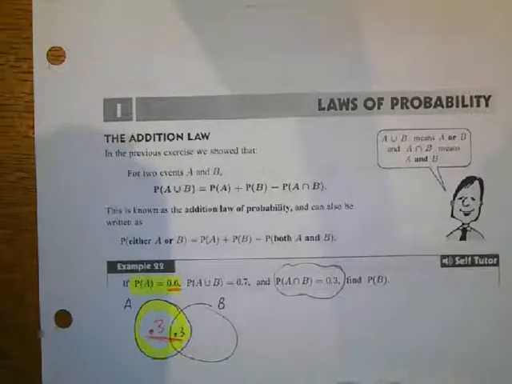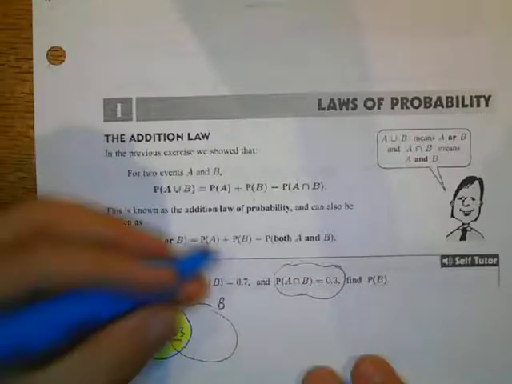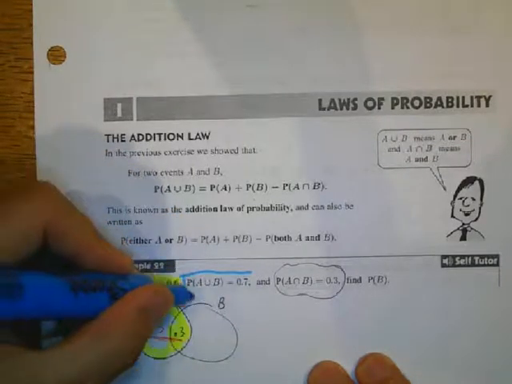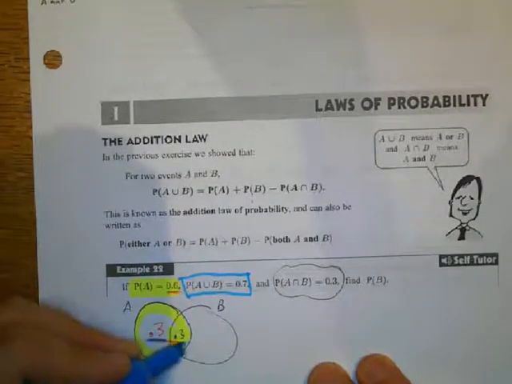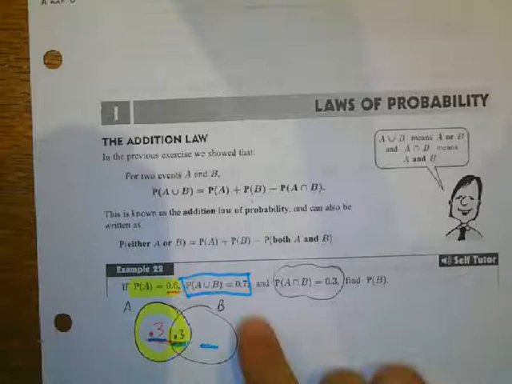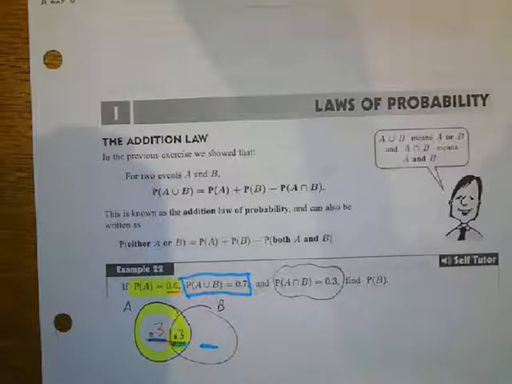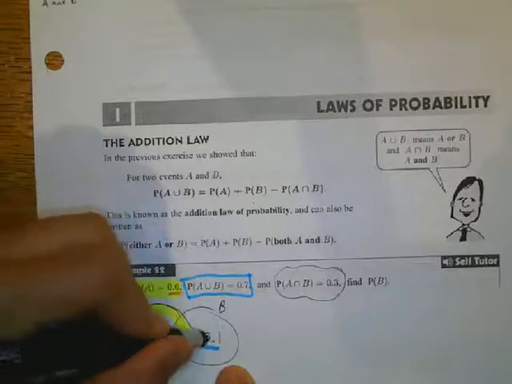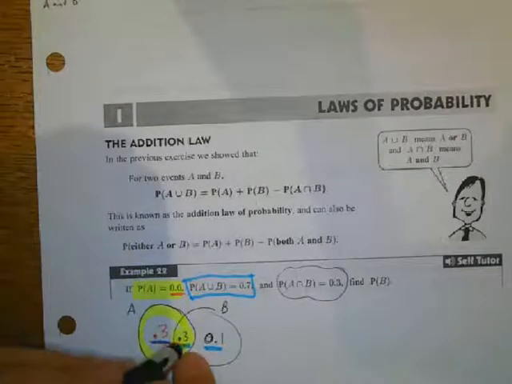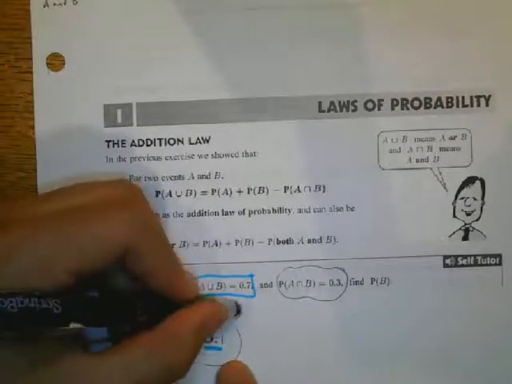Now this next part says that the union has to be 0.7. So this thing plus this thing plus this thing has to add up to 0.7. That means this has to be 0.1, because 0.3 plus 0.3 plus 0.1 adds up to 0.7.